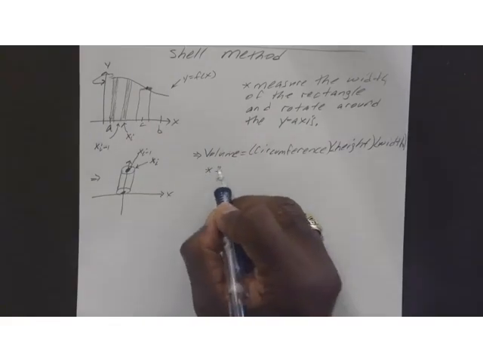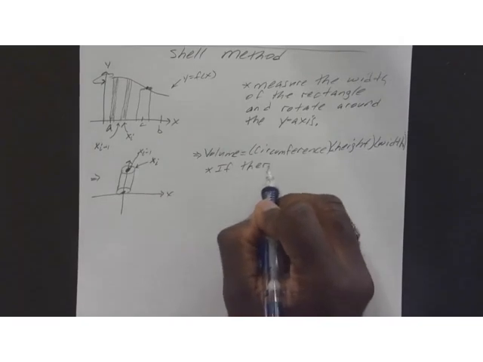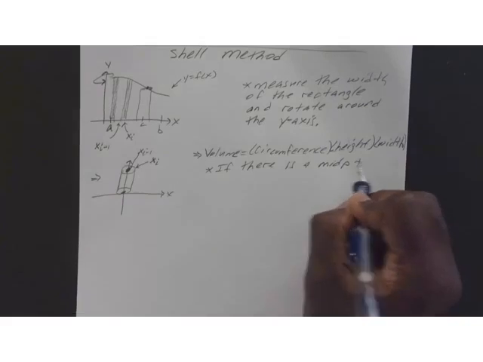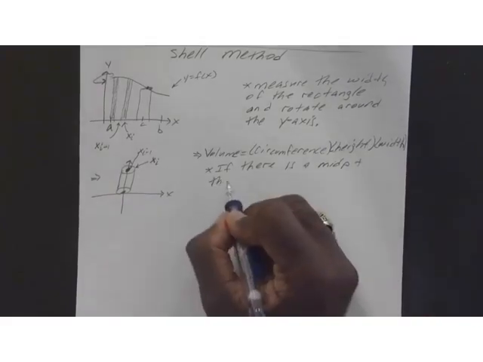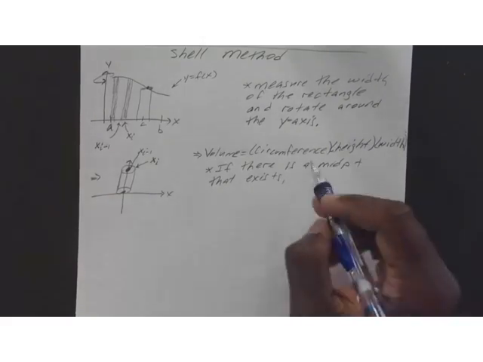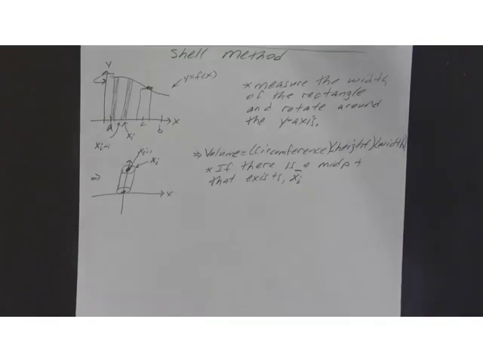Okay. So that means there's a midpoint that exists. We'll call that x sub i with a little bar over it. Sometimes you see a bar, sometimes you see a little hat. It varies, depending on the textbook.